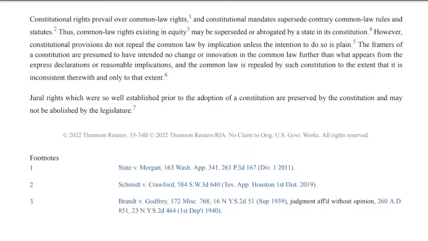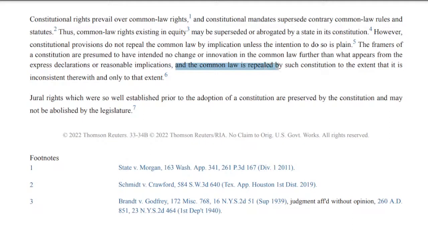However, constitutional provisions do not repeal the common law by implication unless the intention to do so is plain. The framers of the Constitution are presumed to have intended no change or innovation in the common law further than what appears from the express declarations or reasonable implications.